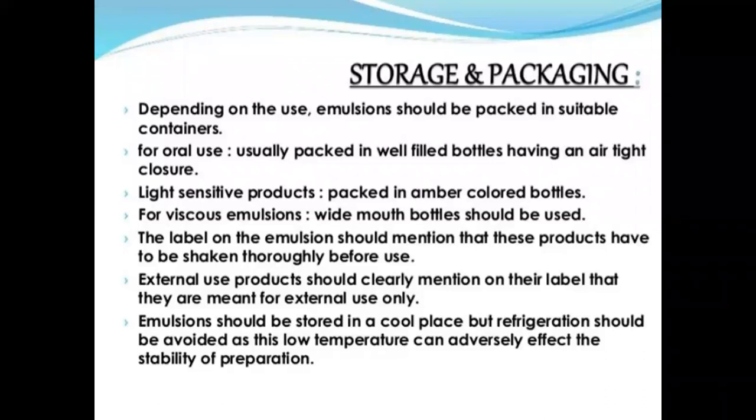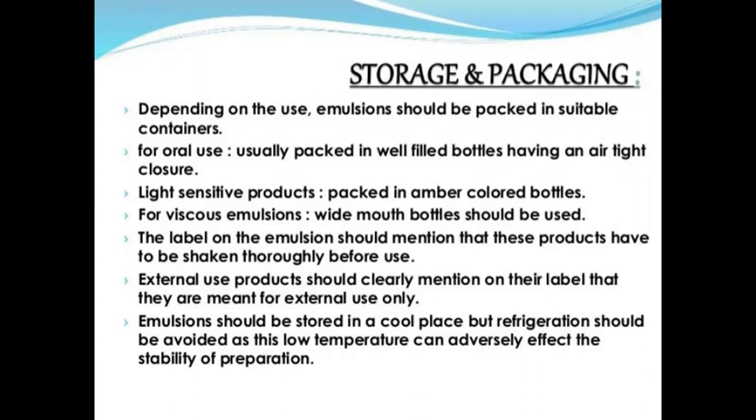Then storage condition. It should be stored in an airtight container, protected from light, high temperature or freezing, and the emulsion should be stored in a cool place. So this is about the storage condition of emulsion. Airtight container means air should not enter it.